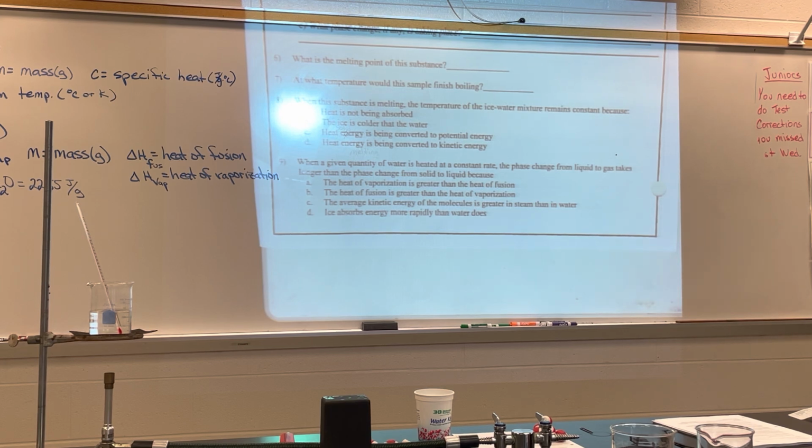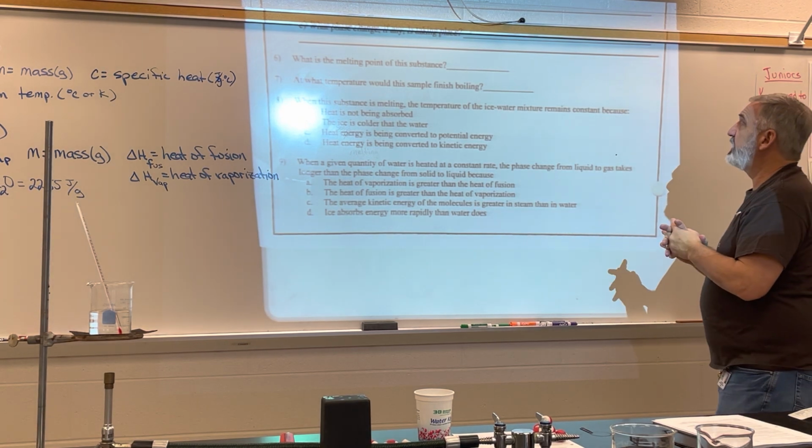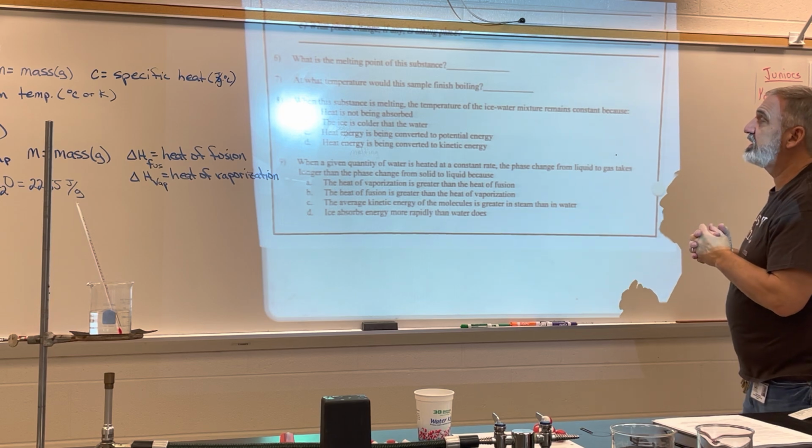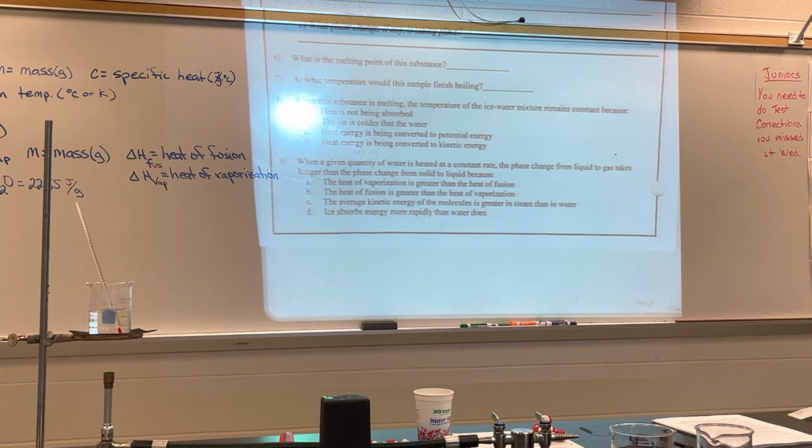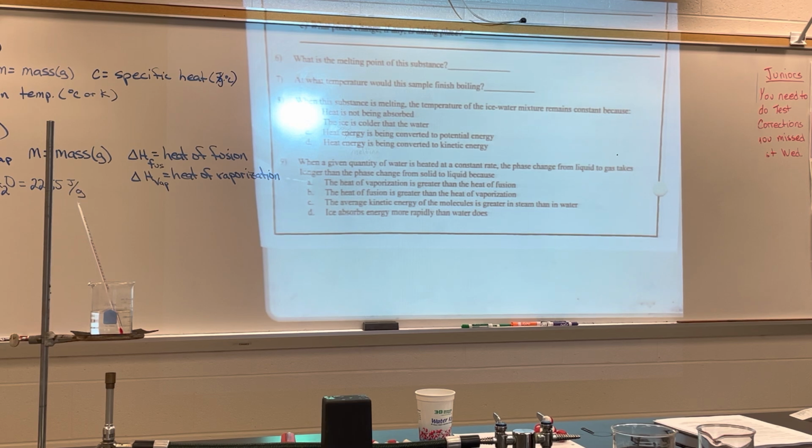So when a substance is melting, the temperature of the ice-water mixture remains constant because... don't say an answer out, but pick an answer. Somebody raise their hand and tell me what answer did you pick?